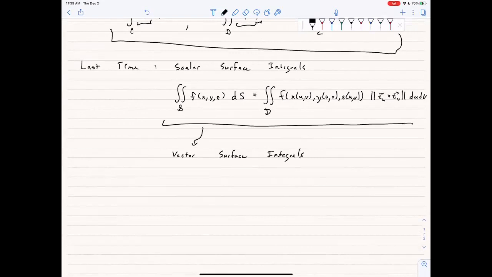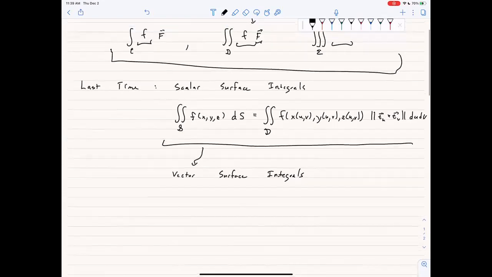So what we needed when we did this with curves was we needed to actually upgrade the domain of integration from a curve to an oriented curve. And as I said at the end of last lecture, we need to do the same thing here. We need to take a surface and have a sense of orientation on the surface.